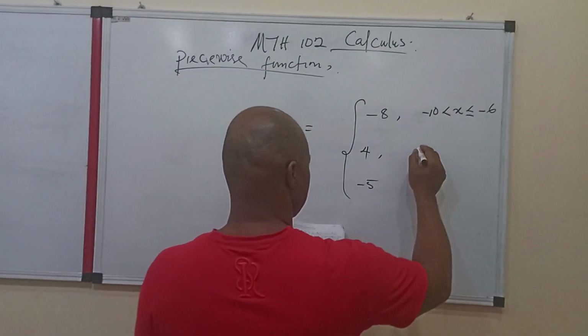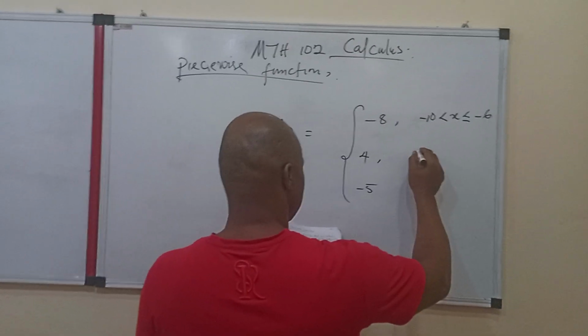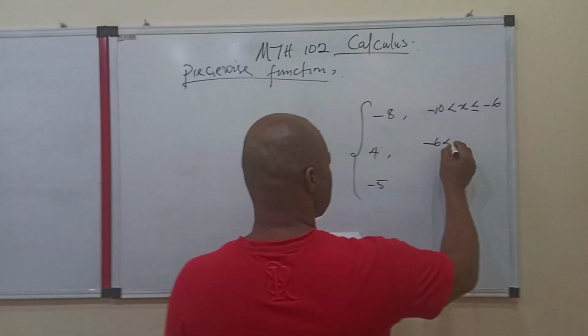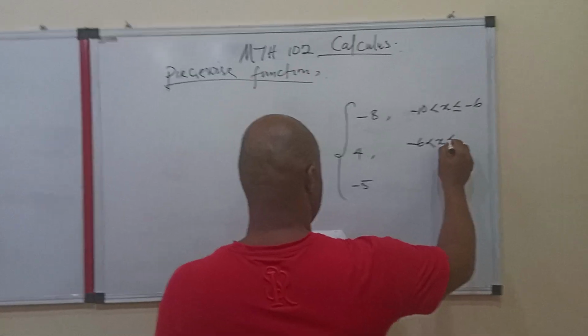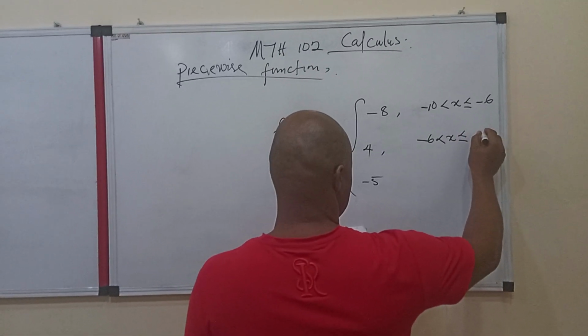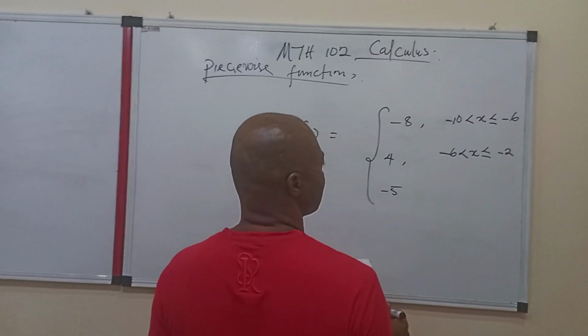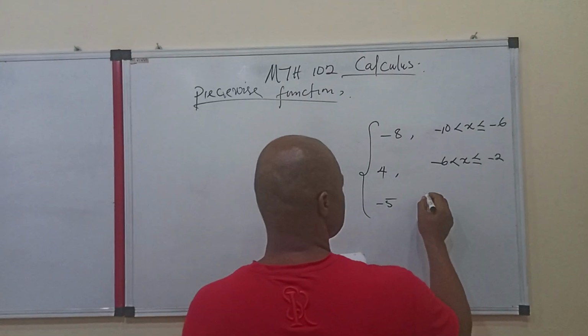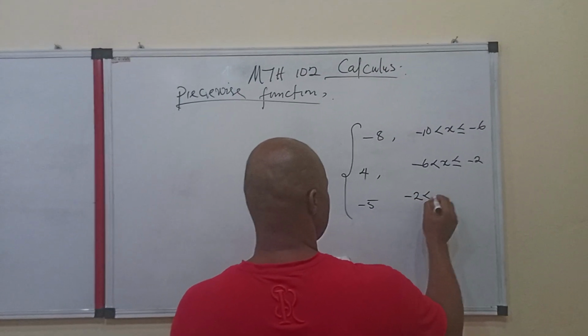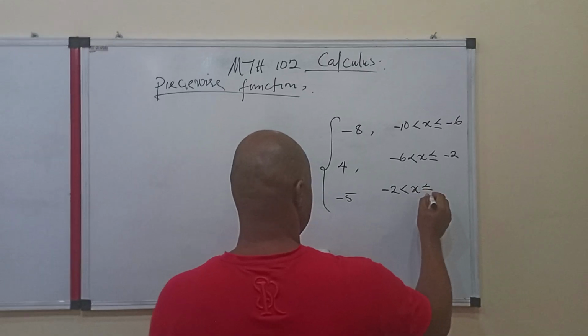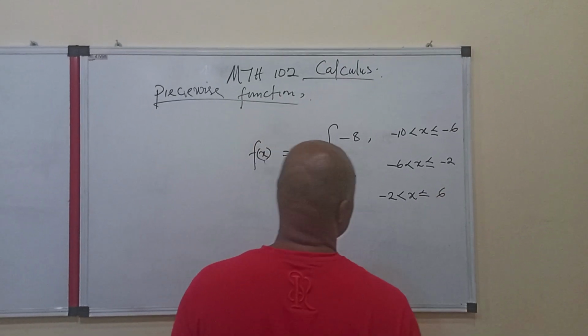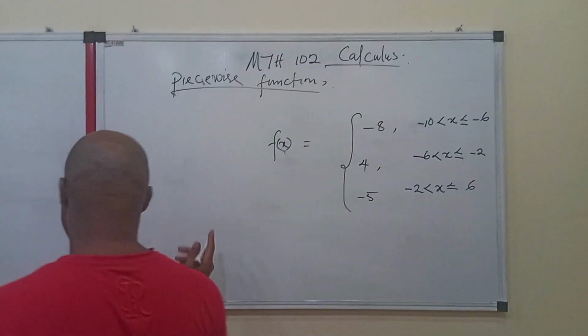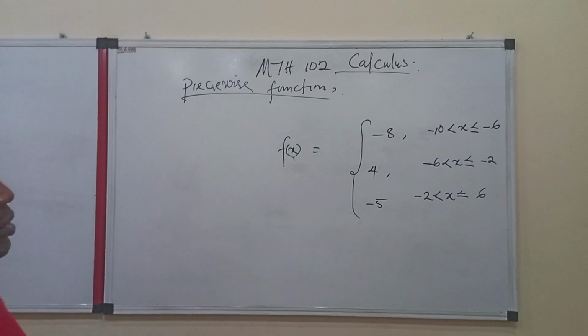For this other function, we get -6 less than x less than or equal to -2. For this other function, we get -2 less than x less than or equal to 6.